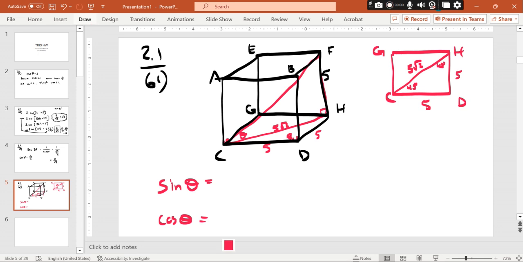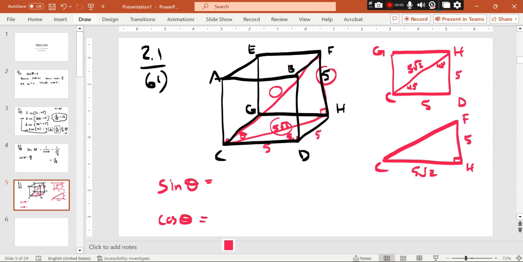Ta-da! Okay, next is this diagonal coming across here. If that's 5, and that's 5 root 2, can I know what the diagonal is coming across the inside? You've got to visualize it, and a lot of trig is visualizing it. So this bottom from C to H is 5 root 2. This is 5 from F to G, and then that is right here.